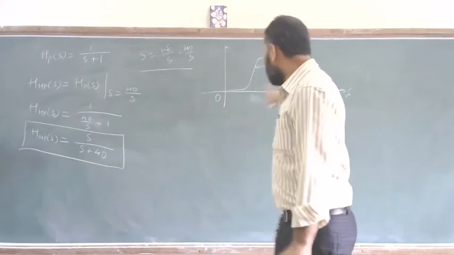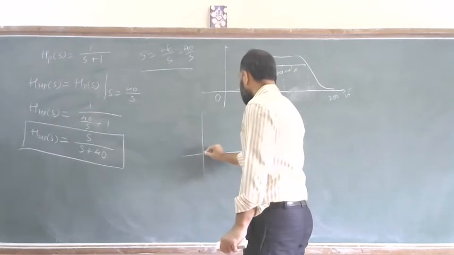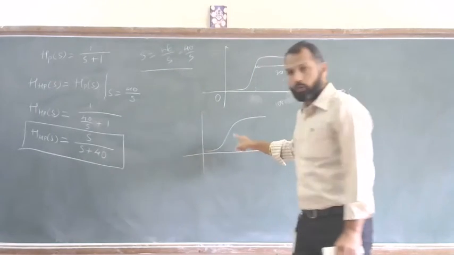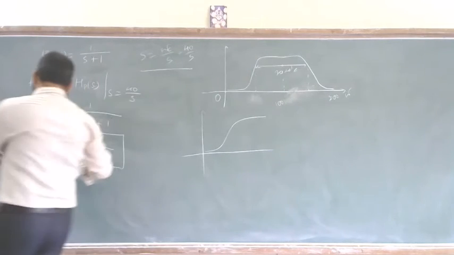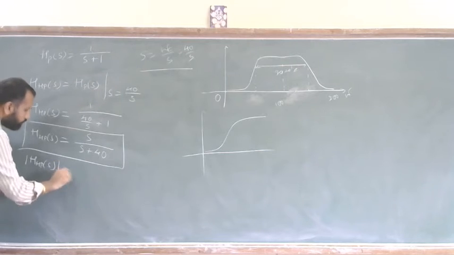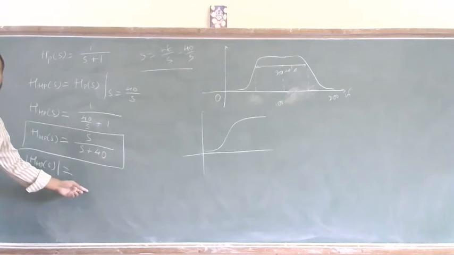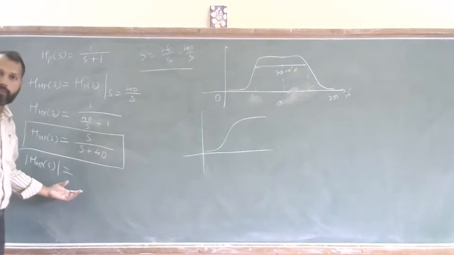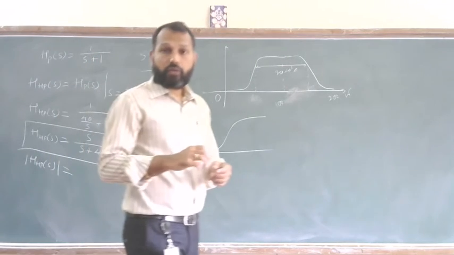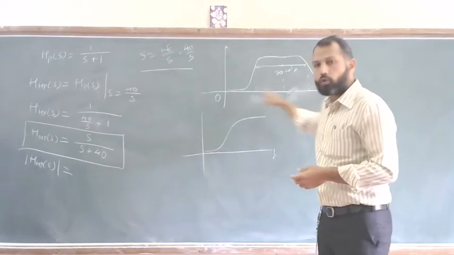Now, to obtain the frequency response that we drew earlier, we need to take the magnitude response of this, that is mod HP of S, which is 1 divided by square root of, and then we can substitute different values of omega starting from 0 to 200.